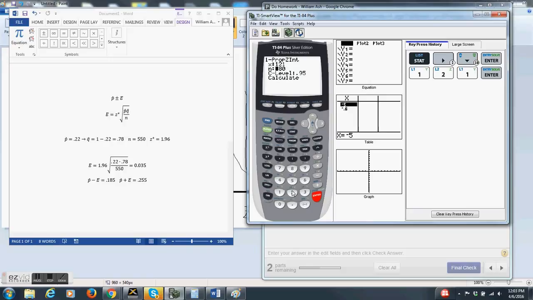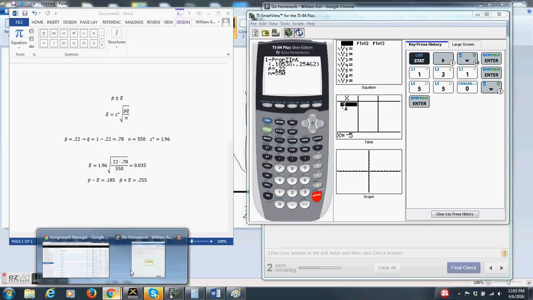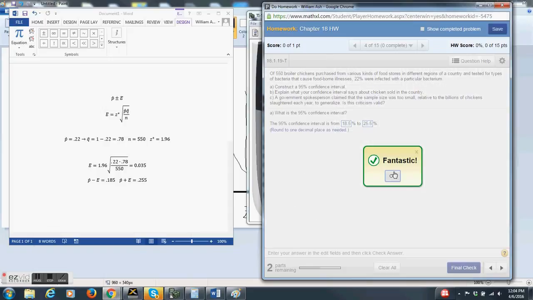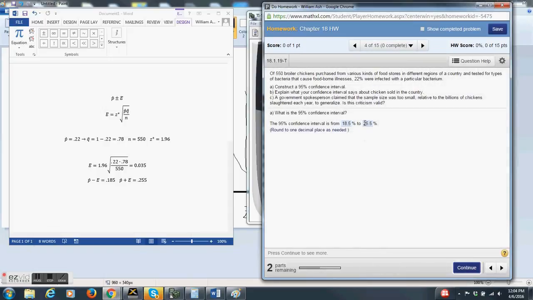Oh, exactly what we're doing, right? So they ask for an X and an N and a confidence level. I guess here they gave us a p hat, so we actually have to figure out what the X would be. So I guess all I did was I did 22% times the 550.